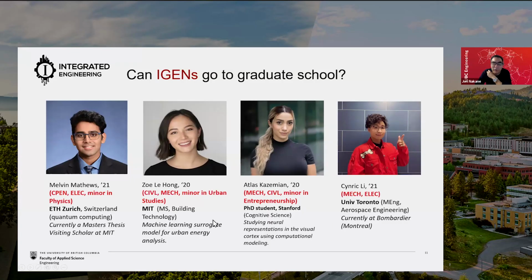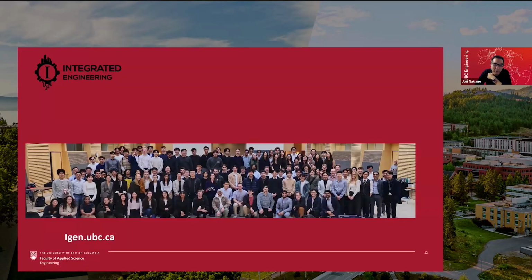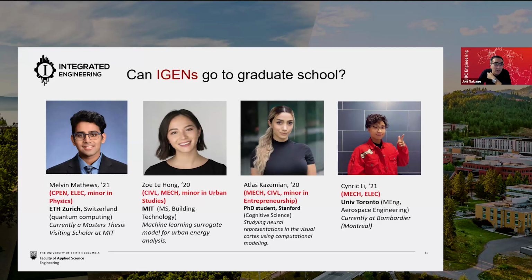For all those folks, I think they're incredibly pleased about where they ended up, and IGEN was one of the reasons why they got to where they are as well. So again, if you click on that resources link, you can read about these folks straight from their LinkedIn bios as well. Click on the resources button down below, click on links to IGEN info, and that takes you to the resources page.